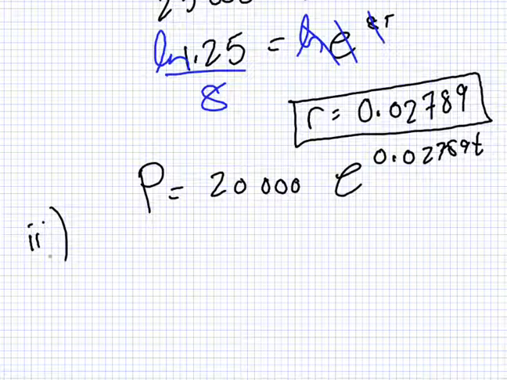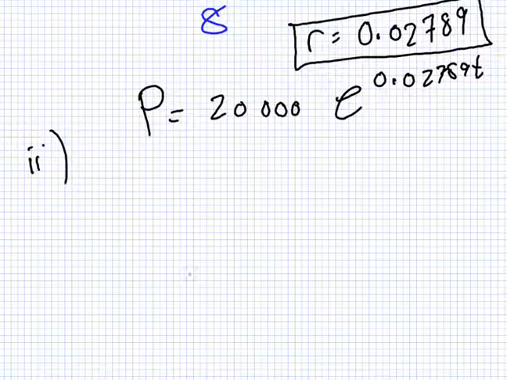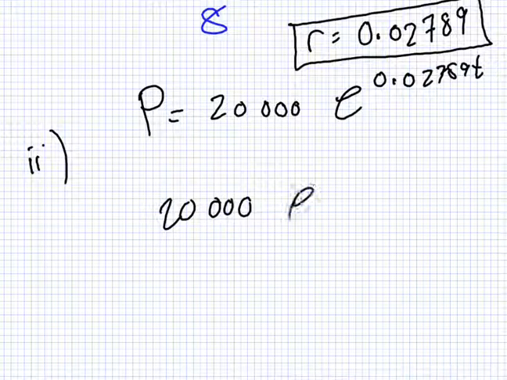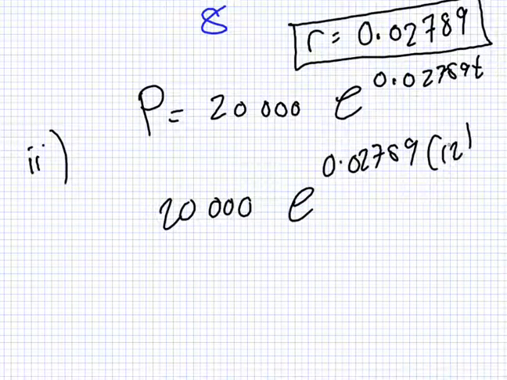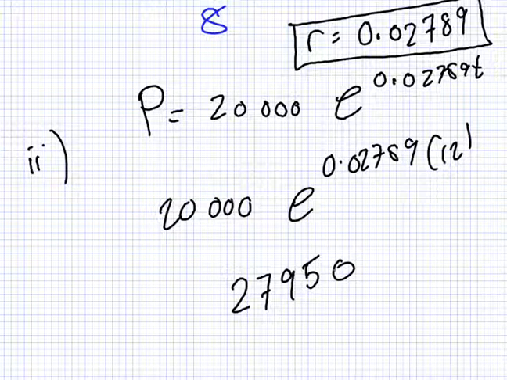So 2012 is how many years away from the beginning of 2000? 12 years. So I literally just put t as 12. 20,000 e to the power of 0.02789 times 12. And I get 27,950 as the population in 2012.